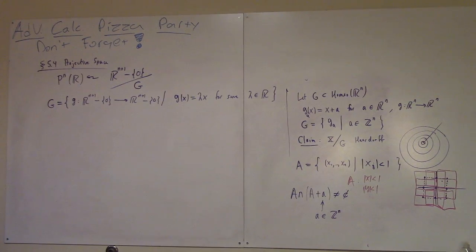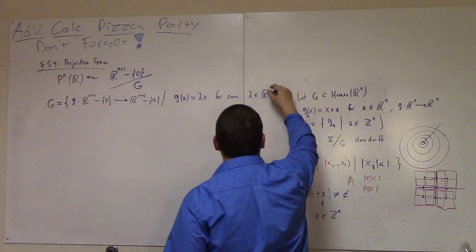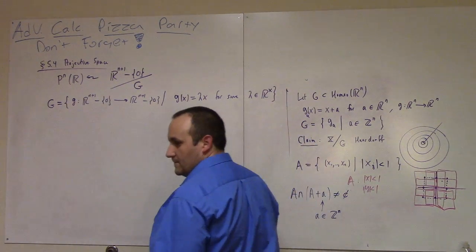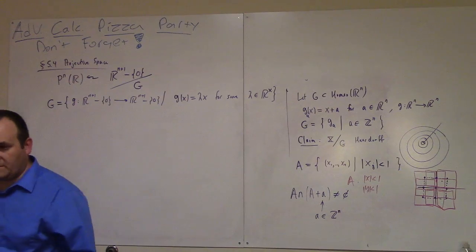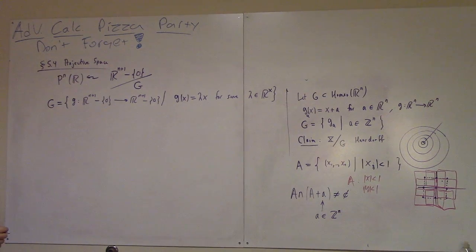For that to be true, what had I better say about lambda? I'm going to have trouble here if I let lambda equal 0, right? So to be clear, it's the non-zero reals. The multiplicative group of the reals without the 0.